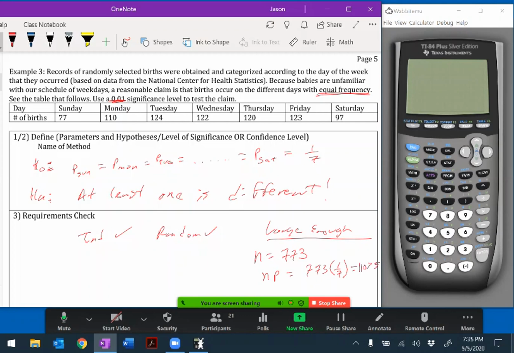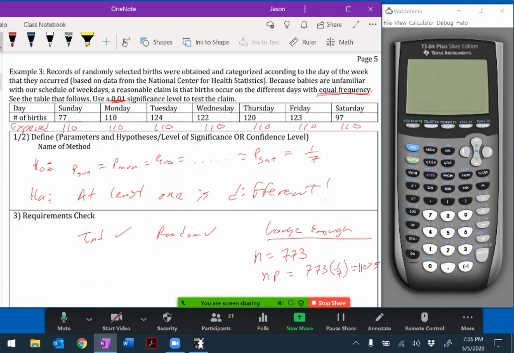So each of those would be about 110. The expected would be 110, 110, 110, 110, 110, 110, and 110. Does that make sense?